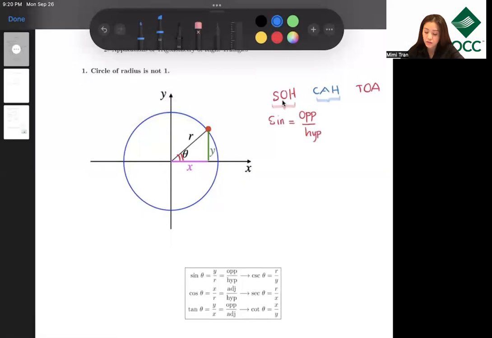It's a lot to keep up with, the colors here. The CAH is the cosine. So cosine, or cos, is equal to adjacent. A stands for adjacent. ADJ over hypotenuse.